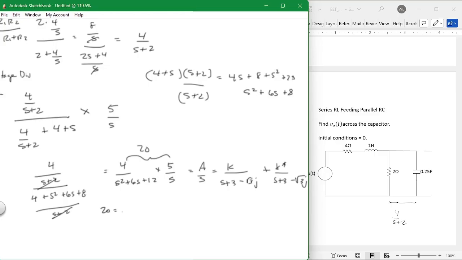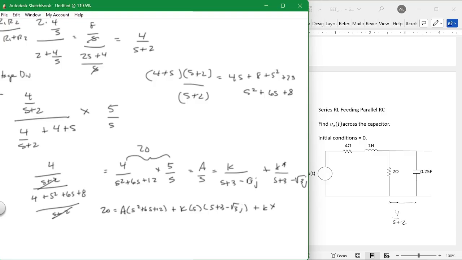And from that, you solve, you get 20 is equal to A times S squared plus 6S plus 12, plus K times S times S plus 3 minus the square root of 3j, plus K star, and I'm not going to write it out because you know that it's going to cancel out.